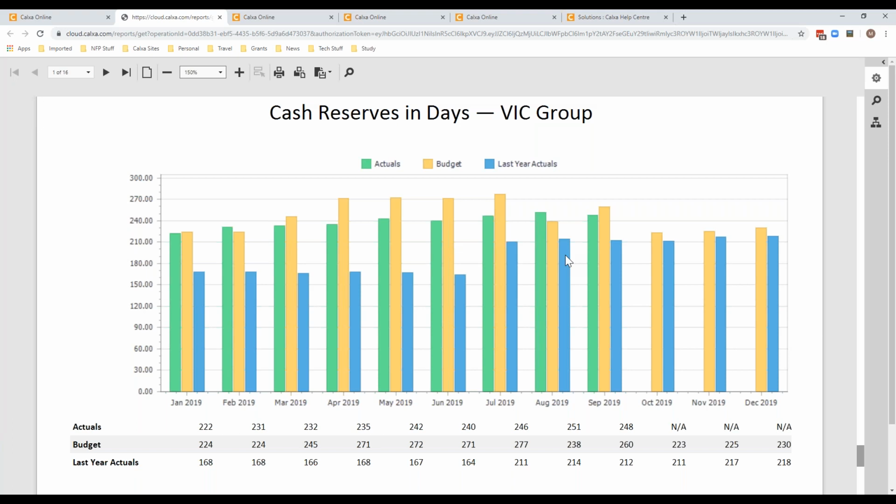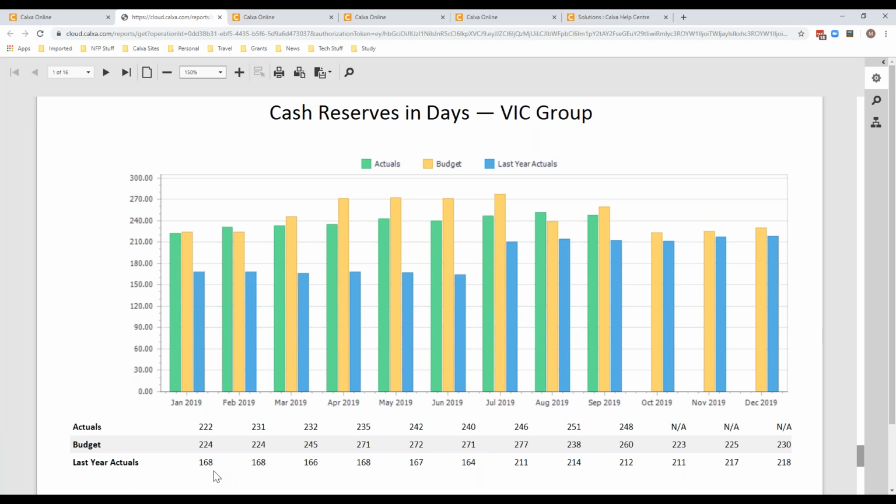So typically we'll take our total expenses for the year and divide it by 365 to get the daily, and then divide our current cash balance by that. So the idea is this tells you if you didn't get any more money in from now on, how long would you last before you have to close the doors? And in this organization, it's 240, 250 days.